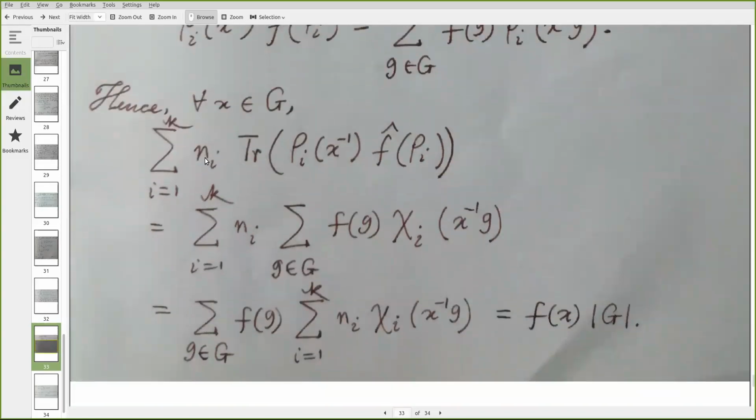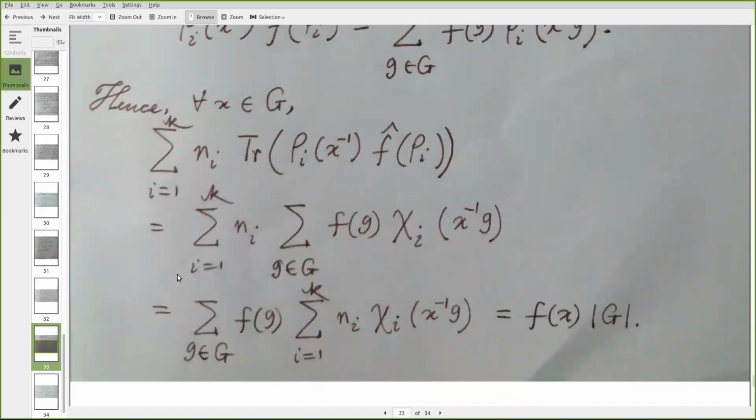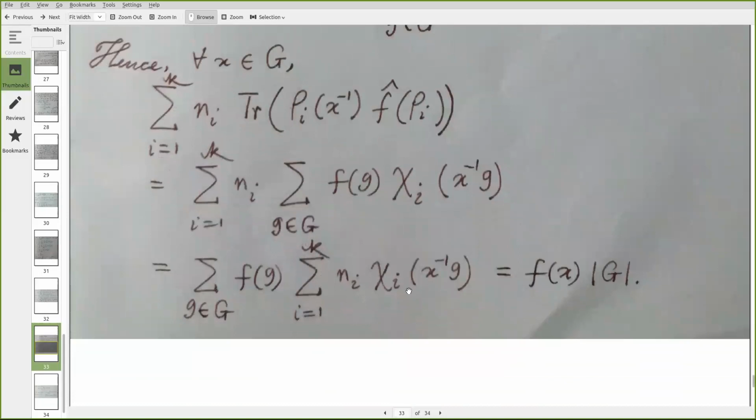So the trace times n i. What is the trace of that? Since this is this, the trace of this is precisely this, and then we interchange the sum. So it will be a summation of f g times this, and now we know what exactly it is.